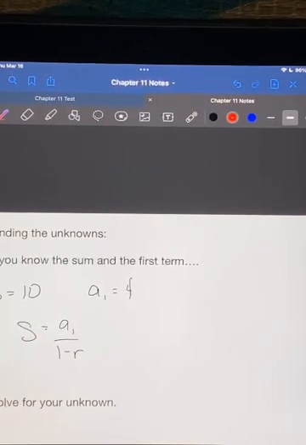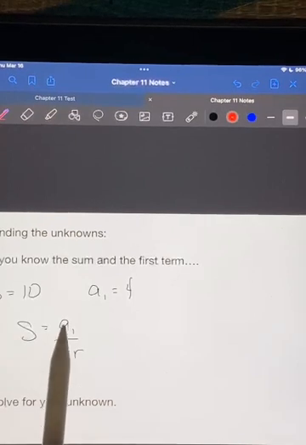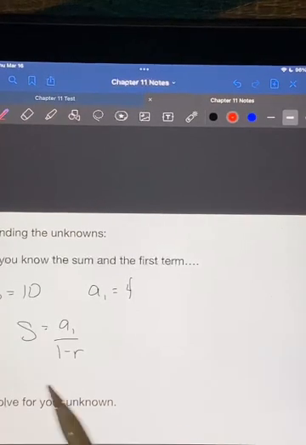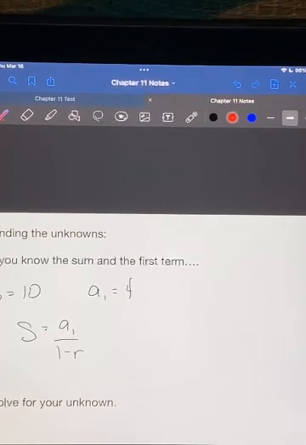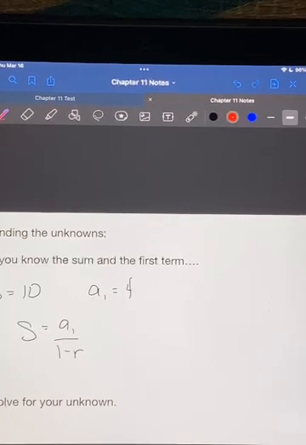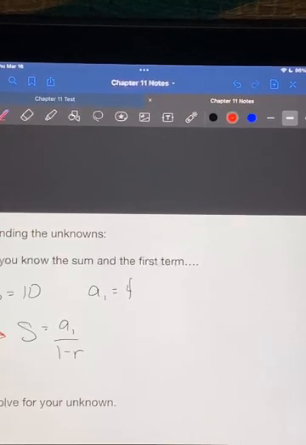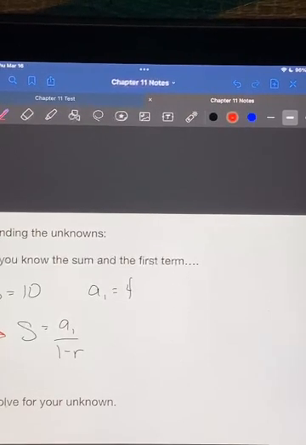We have all of the tools in our tool belt that we need to solve for any of the unknowns. So the thing that you need to know for infinite series is to be able to use this equation to find the sum of an infinite series and whether or not that sum is actually even valid, right?